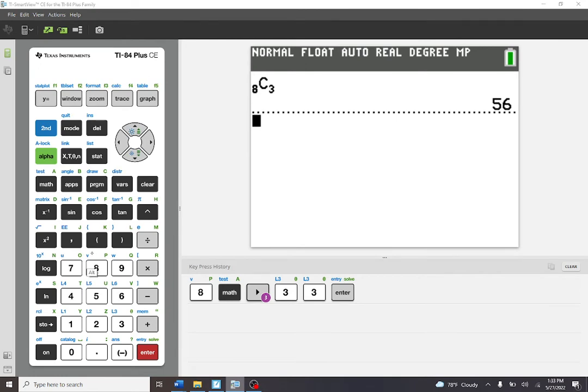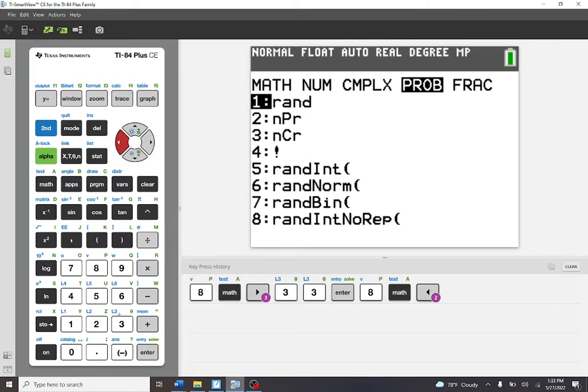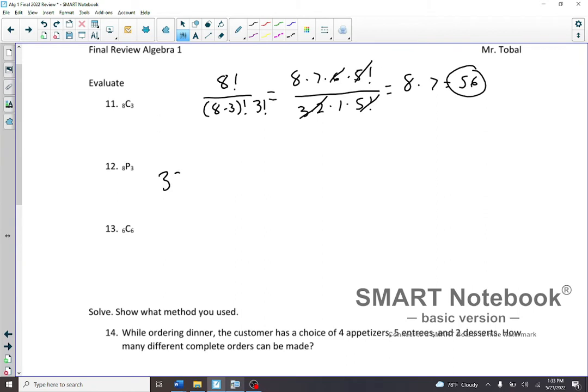For the next one, which is 8P3, I believe. So 8P3: 8, math, all the way to probability, nPr, so option 2, then 3. So 336. We'll show you how to do it by hand: n factorial over (8 minus 3) factorial, which by the way is 5 factorial.